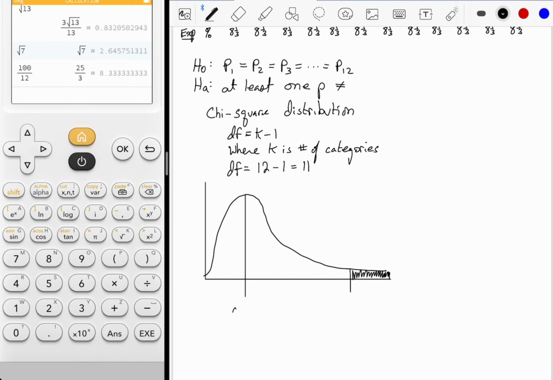The center of that hump is whatever your degrees of freedom value is. So it starts off at 0, it goes off to positive infinity. We're gonna have a critical value for chi-square, which we have to actually get from the tables.